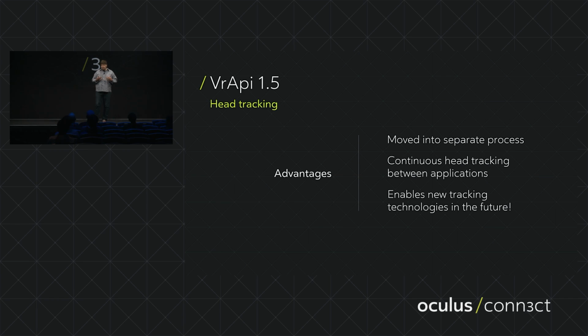It also allows us to implement new tracking technologies, which is very important, as you might have noted during the keynote. This won't actually require any change to your application. All applications built against 1.0 will switch to this new tracking service automatically.